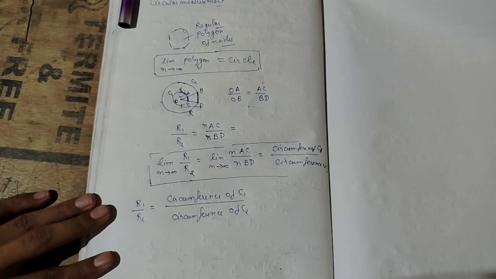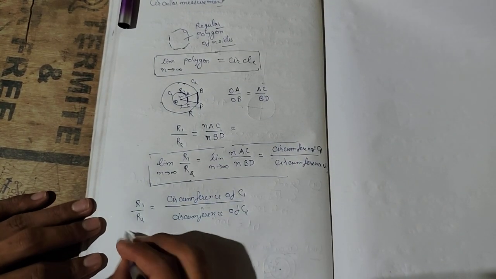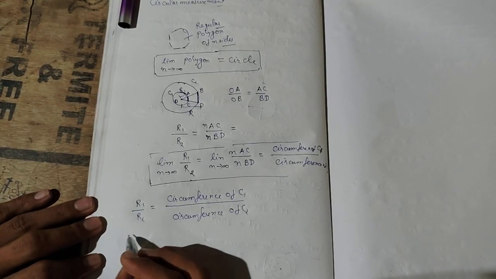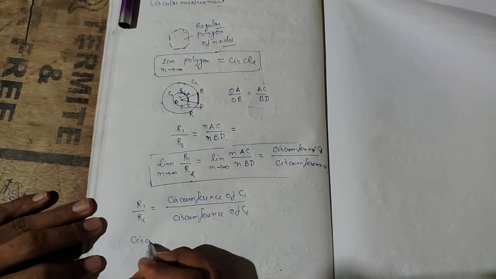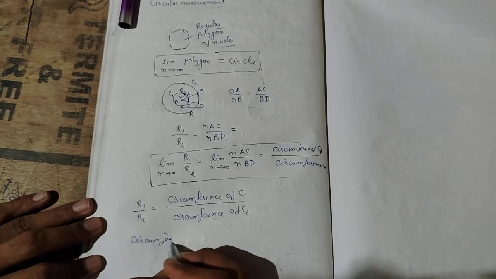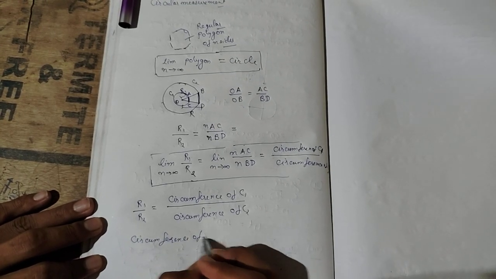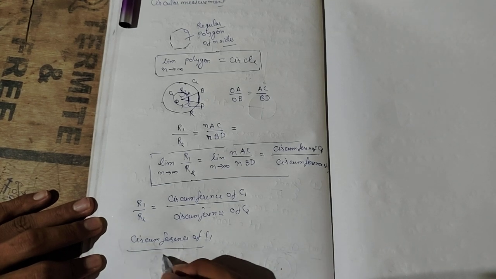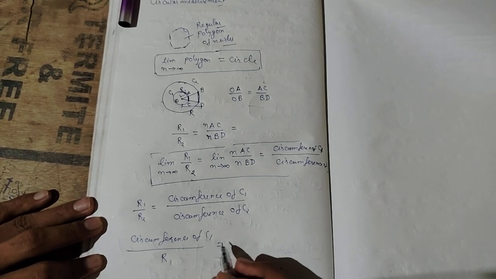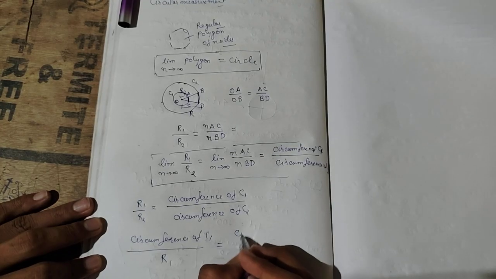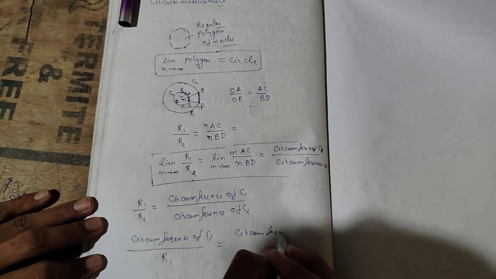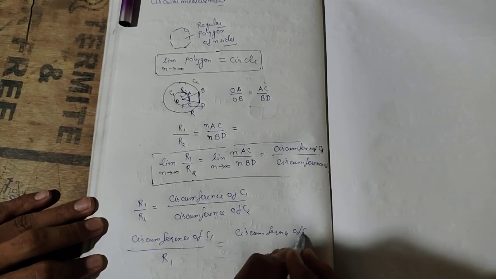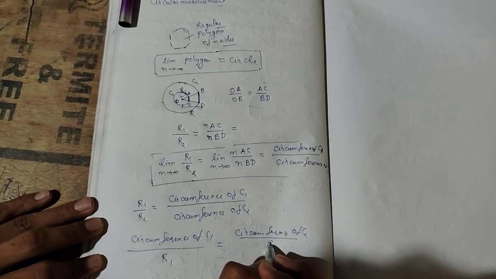Now we can rearrange that, and we get the circumference of C1 by R1 is equal to the circumference of C2 by R2.